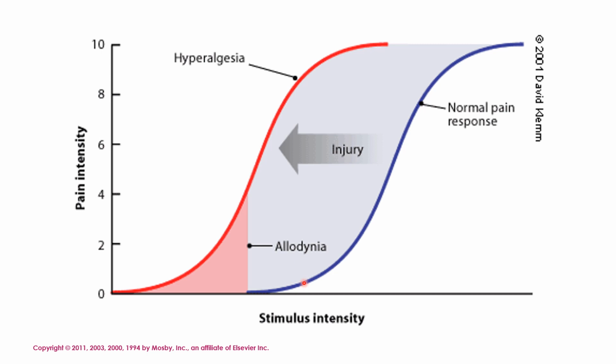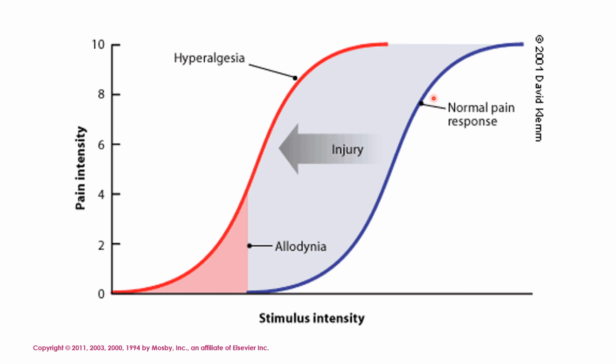As you can see here, we have the normal pain response, which is a function of the stimulus intensity, depicted by the curve at the right. This is the normal pain response, depicted by the blue line. Even if we have a strong stimulus, the animal is not experiencing pain totally.